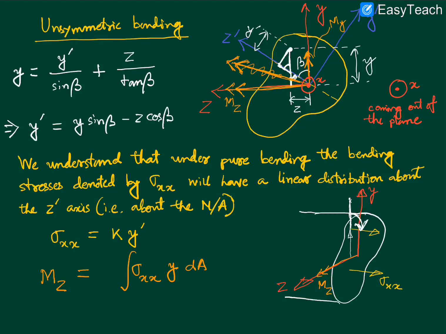If I'm taking the moment using my moment arm y, and turning the fingers of my right hand in such a way, then the thumb of my right hand is pointing in the negative z axis, which means the moment that this thing by itself is inducing is pointing along the negative z axis.